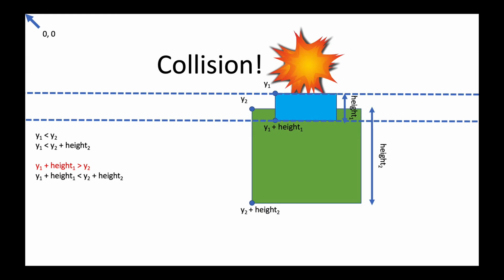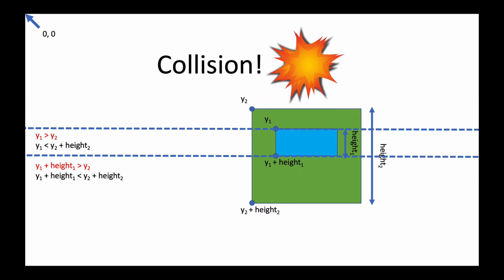Here's our first collision. Again, I've highlighted in red what has changed. You can see that y1 plus height 1 is now greater than y2. Here you can see that both y1 plus height 1 and y1 itself are greater than y2.